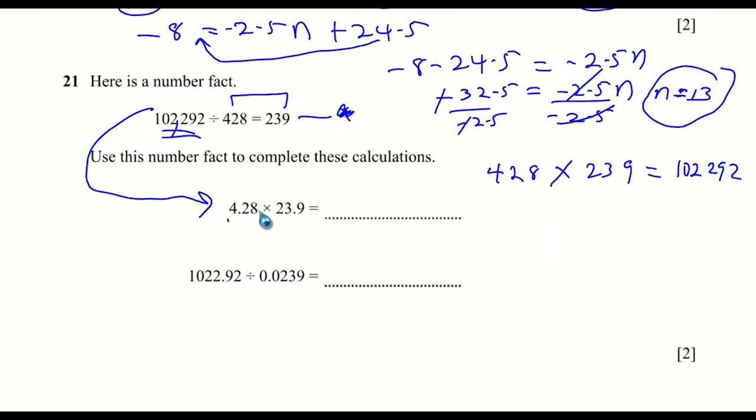We have 4.28. What do you have here? 1, 2. That is minus 2. So you do it by 10 to the power of negative 2. Let me just put it here, to make it clearer. And we have 23 here, so that means they just moved only 1 place. So that is 10 to the power of negative 1.